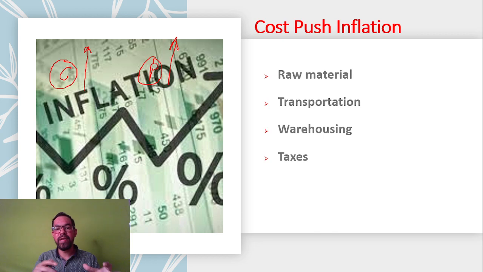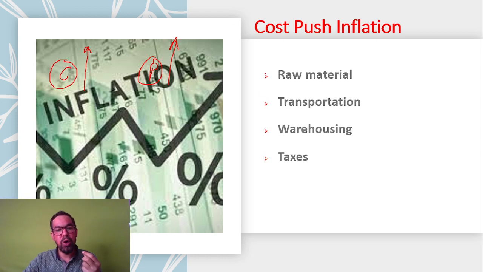Let's say in this marker manufacturing company, the employees are demanding high wages. If the employer increases the wage, they have to meet their break-even point, so they have to increase their product price.